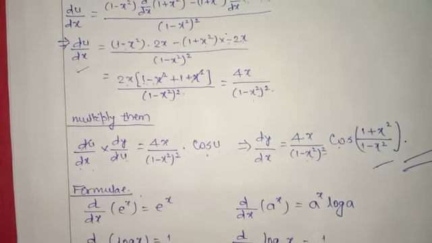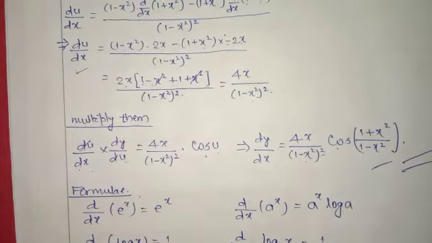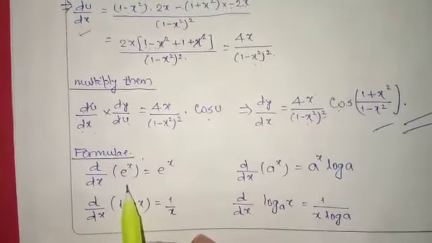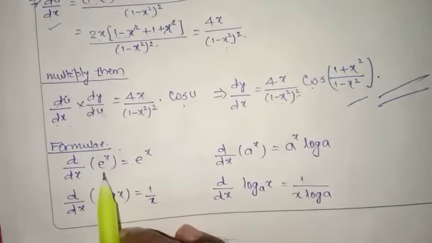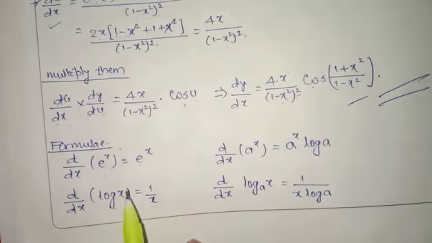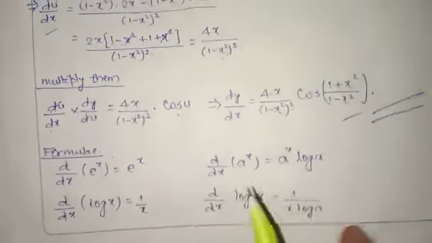Before proceeding to the next problem, we revise some formulas regarding logarithm. First, differentiation of e to the power x, you already know, is e to the power x. Differentiation of log x is 1 upon x.